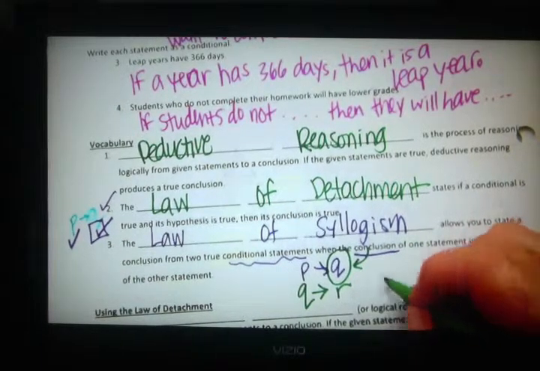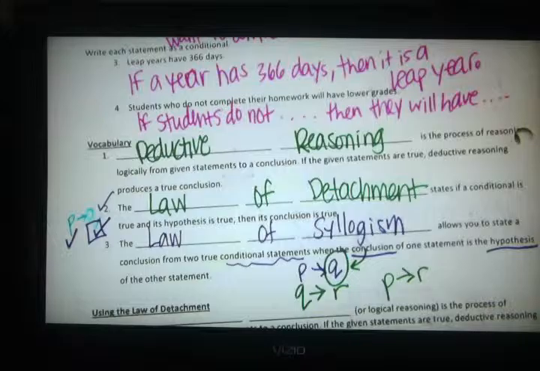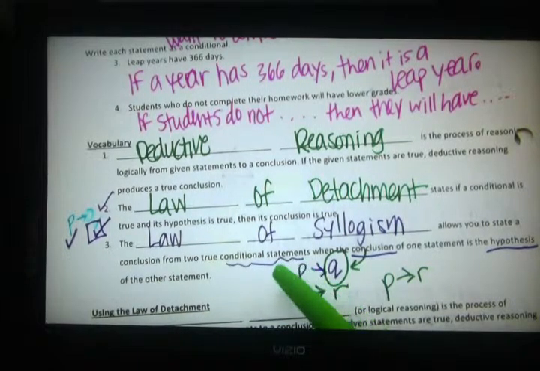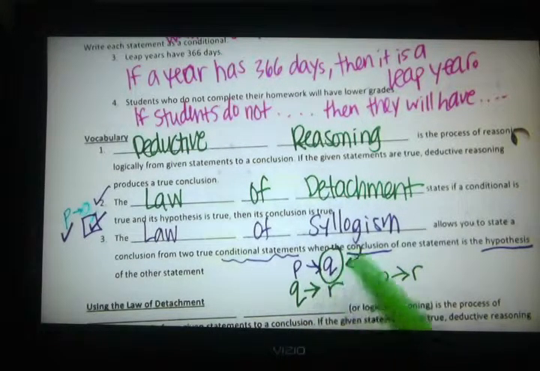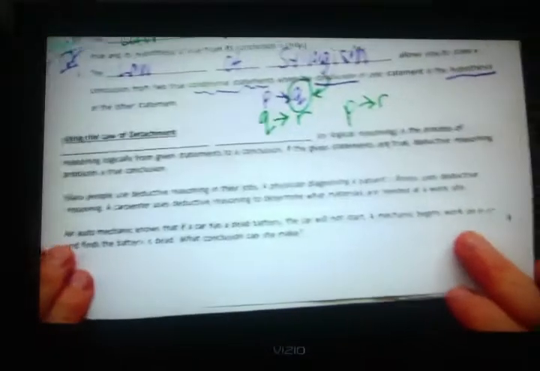Then you can say if P then R. I'll explain that more in a little bit, but that's basically like the transitive. If A equals B, and B equals C, and then A equals C. If P then Q, if Q then R, then if P then R. Okay? So, let's move this up so you can see. And we'll talk about the law of detachment.